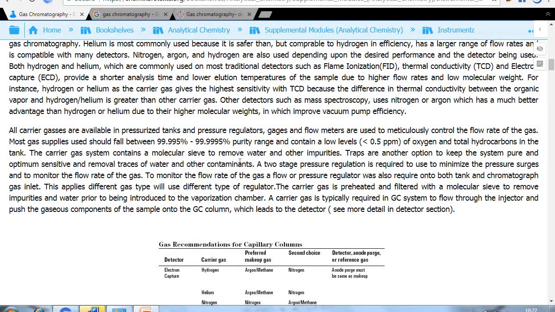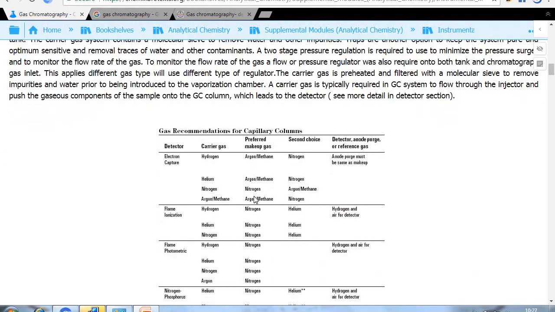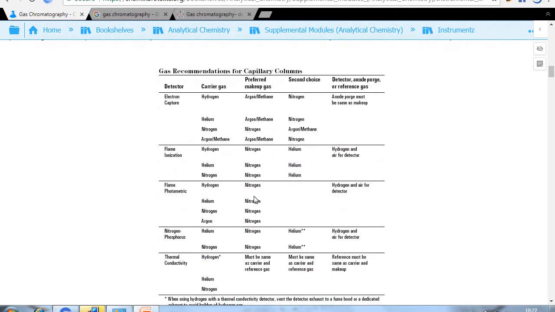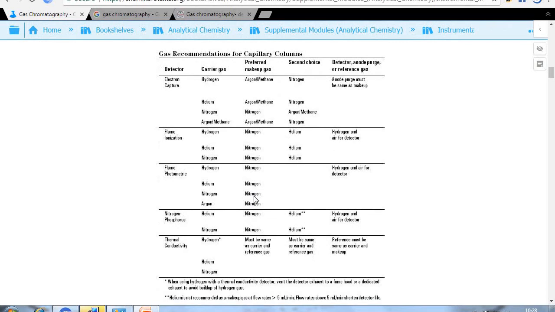The flow rate should be carefully adjusted so that the sample is properly administered. Here you can see the types of detectors and the corresponding preferred carrier gases.